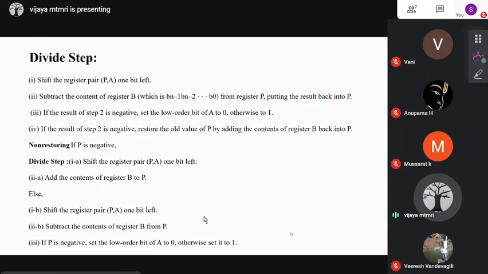Here now we have the divide steps, that is, non-restoring: if P is negative, then it is the non-restoring process.